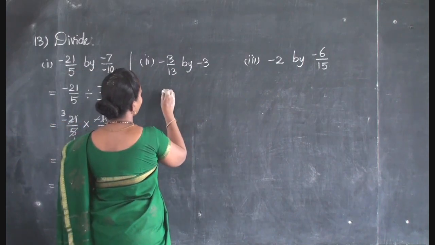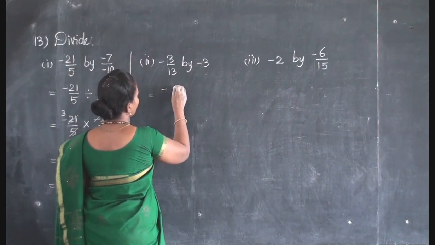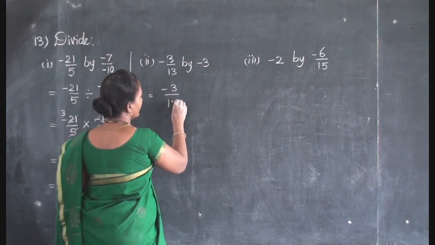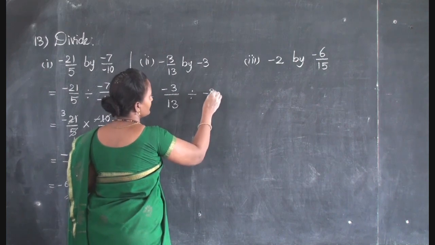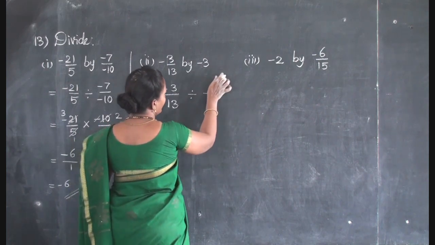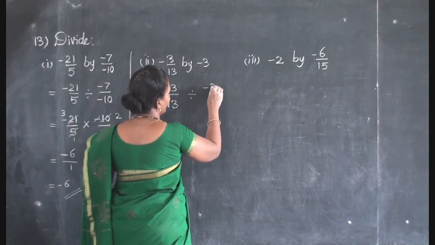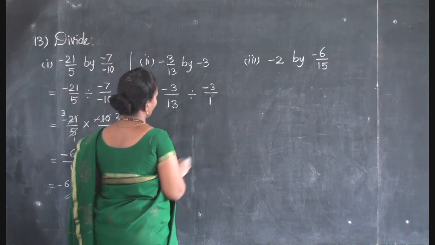Now second sum, minus 3 by 13 divided by minus 3. Write minus 3 as minus 3 by 1.